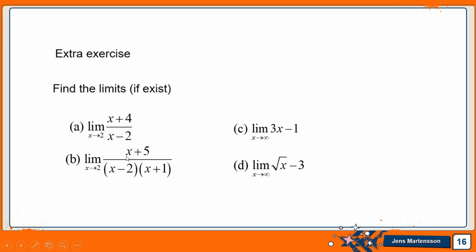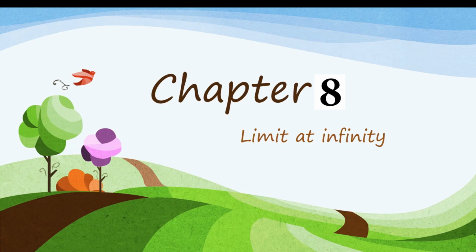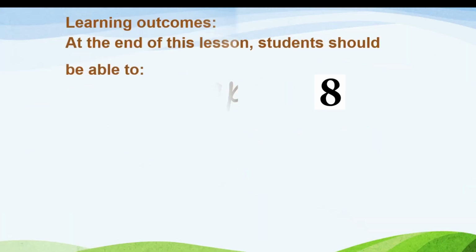B, the limit of (x plus 5) over (x minus 2) times (x plus 1) when x approaches 2. C, the limit of 3x minus 1 when x approaches infinity. D, the limit of square root of x minus 3 when x approaches infinity. And limit at infinity.